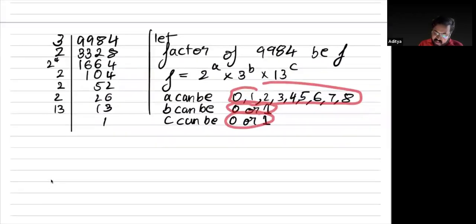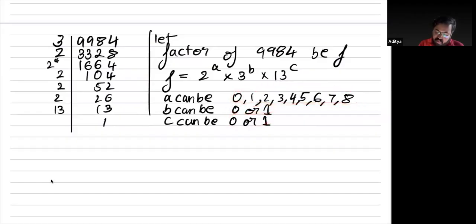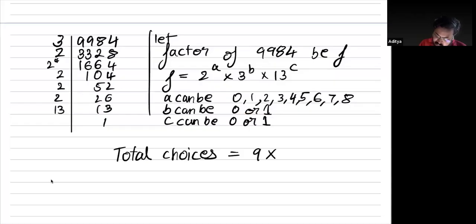So every time we take a equal to 0, we could have taken b equal to 0 or 1. Every time we take a as 1, we have b's two choices. So a has 9 choices in total, b has 2 choices, and c has 2 choices. So total choices will equal 9 times 2 times 2. So this is the combinatorics idea that we're using.